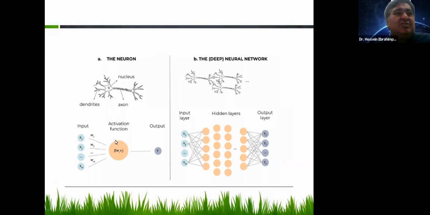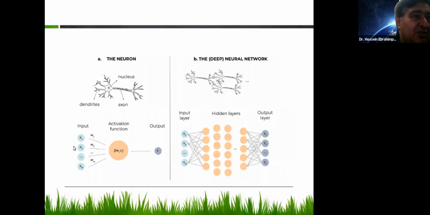answer for this question. You see that we have many synapses here. Actually, we have 10 power 11 neurons in the human brain, and each neuron has 10 power 4 synapses to the other neurons. So we want to put this into action.